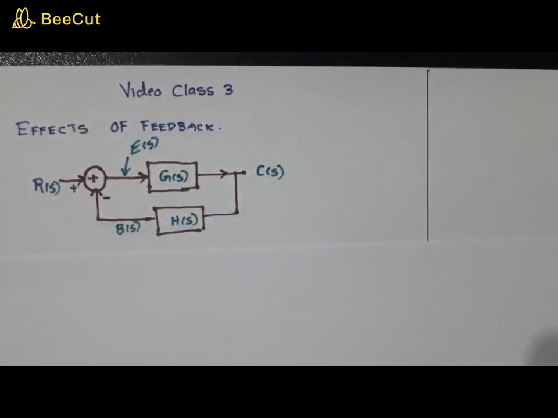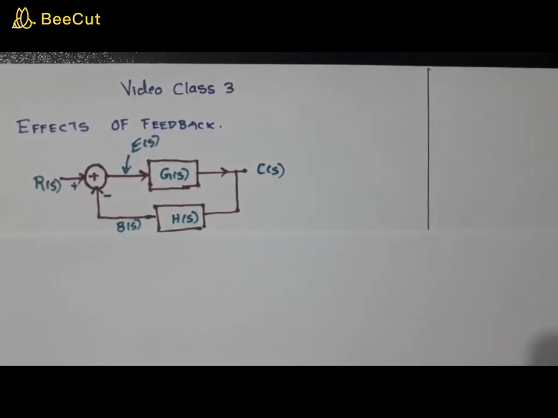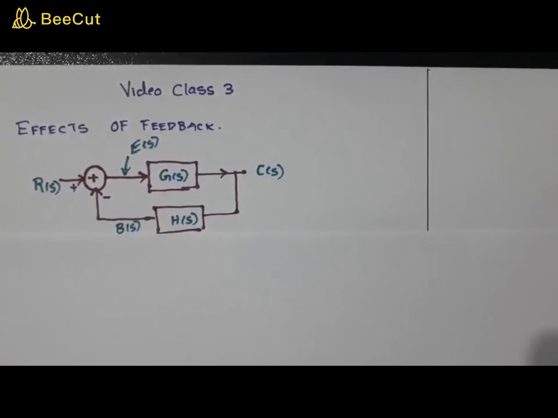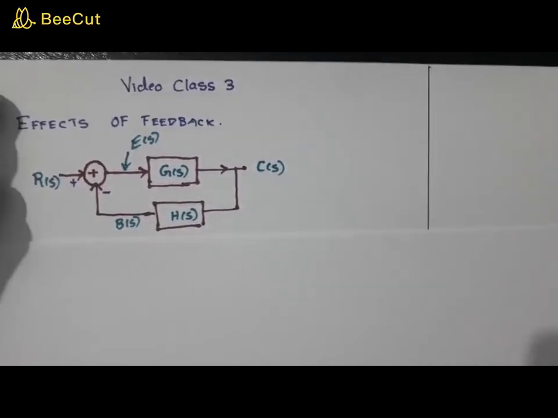All those advantages of the feedback can be considered as advantages of a closed loop system. Sorry, it is the feedback which makes the closed loop system better than an open loop system.